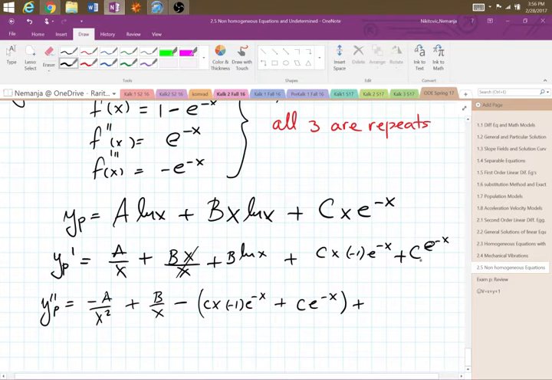Plus the derivative here is -1 c e to the negative x. With the -1 change, could you put the derivative of -1 e to the negative x? With the derivative of that, negative cancel. You're talking about this one? Yeah. I took that negative here. Oh, okay. The answer to your question would be yes. Okay.